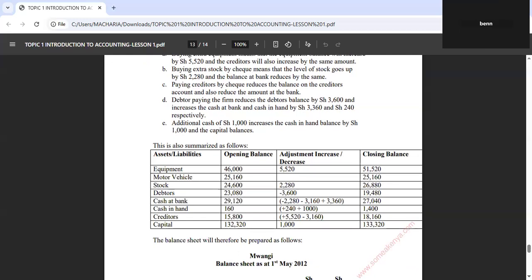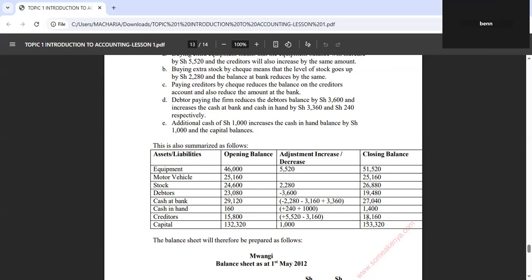So the treatment will look like that, and then the equipment will increase by this amount. Motor vehicle is not affected. Stock will increase by this amount. Debtors will reduce. Cash at bank will increase and also reduce. Cash will also behave the same.